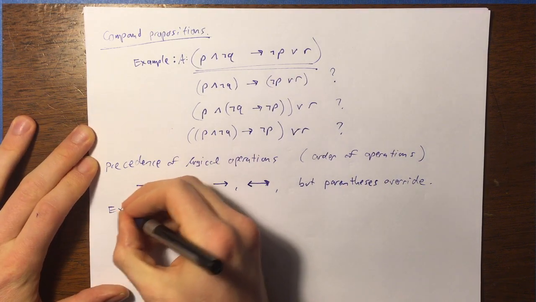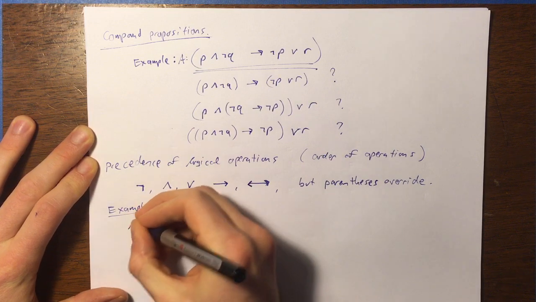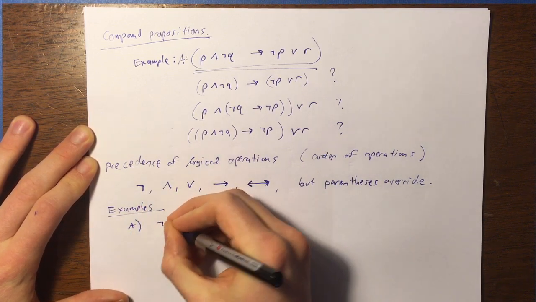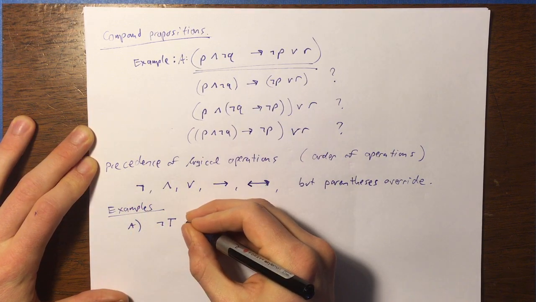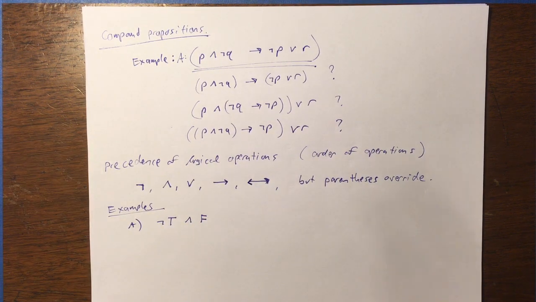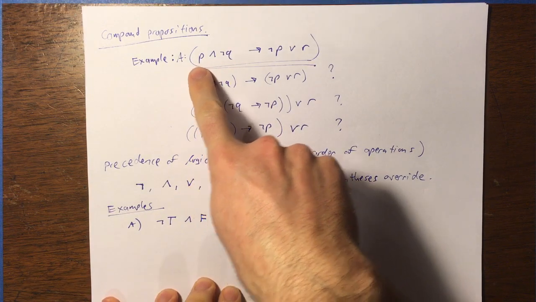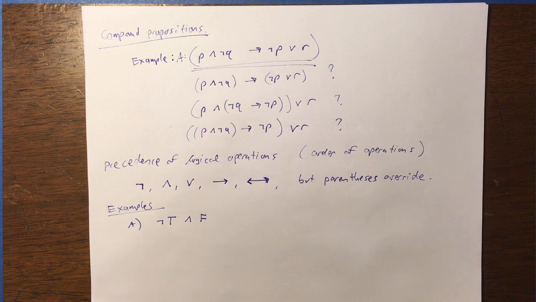So let's look at some examples. First example, let's say you have not true and false. This is a compound proposition using T and F to represent constant truth values, right? So far we've been looking at combining things like P and Q, which are variables, but here we have T and F, which are constants.